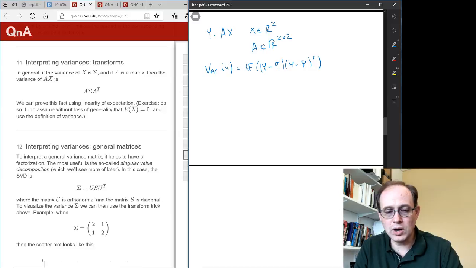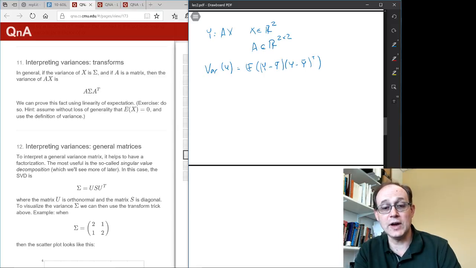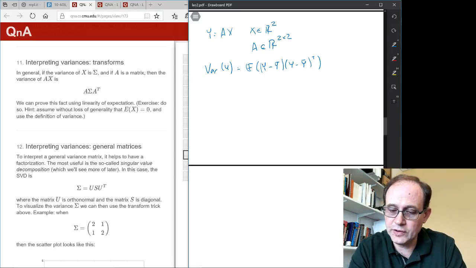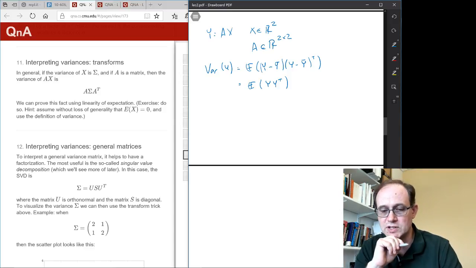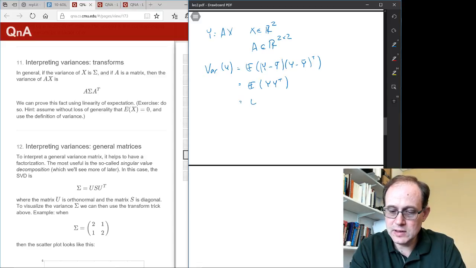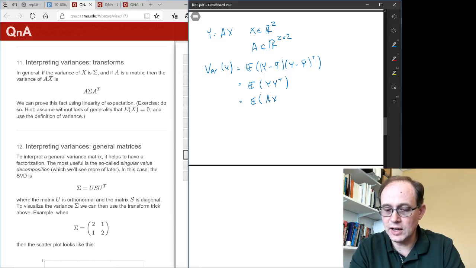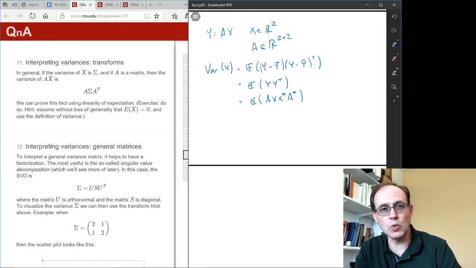And so I told you before that the mean of x was 0, and so the mean of y is also 0, because a times 0 is 0. So this is just equal to the expected value of y times y transpose. So I'm dropping all the y bar, which is 0. And that's equal to the expected value of, well, y is equal to ax, so that's ax, and then y transpose is x transpose a transpose, right? And so I've just substituted in the definition of y in terms of x.